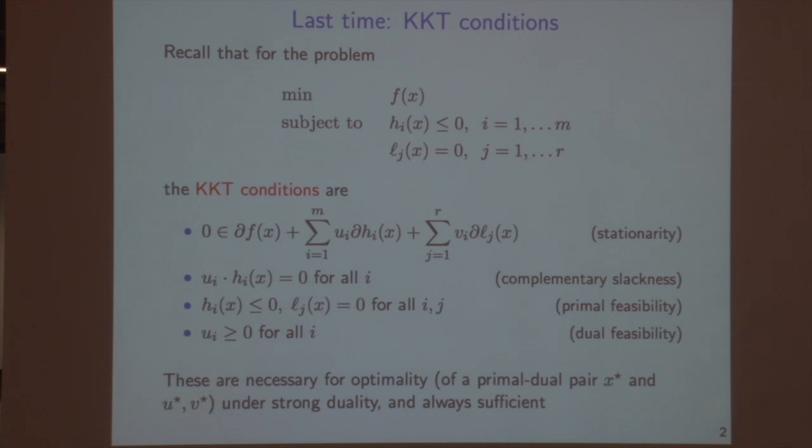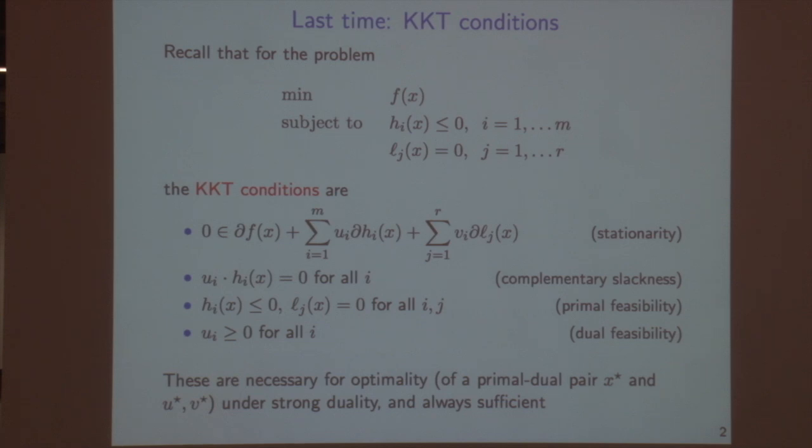Furthermore, if we have a situation in which we know strong duality holds, which means that there's no duality gap, the primal at its optimal value and the dual at its optimal value are equal, then we know these are also necessary for optimality. So under the kind of problem class we care about most, which is convex problems for which strong duality holds, right?